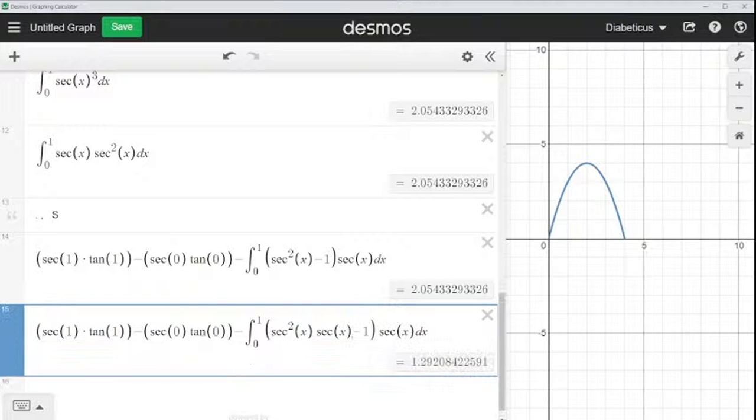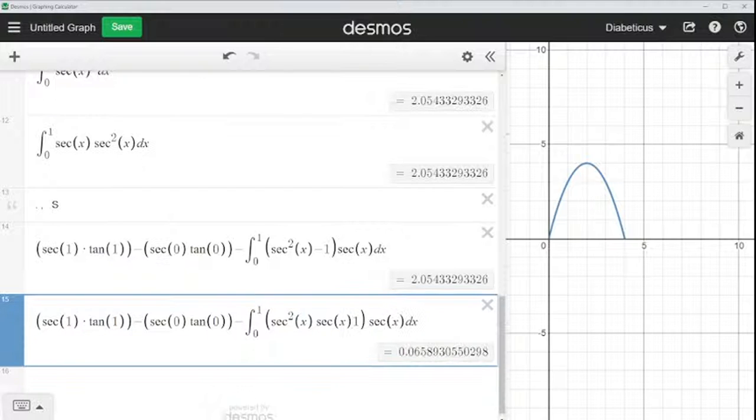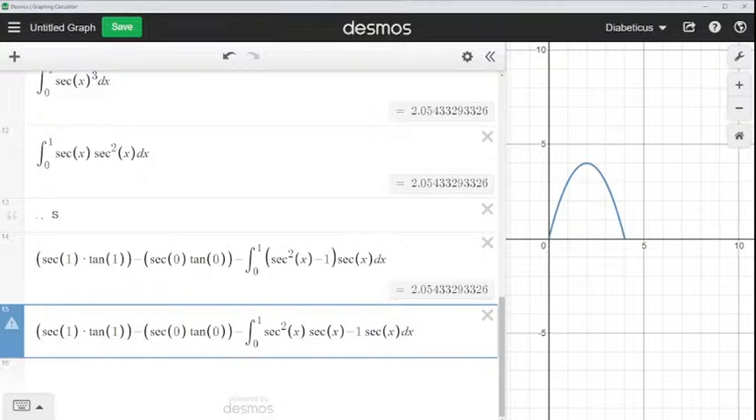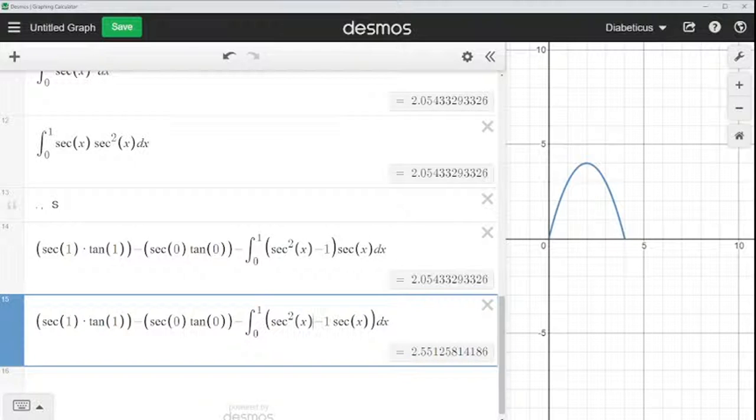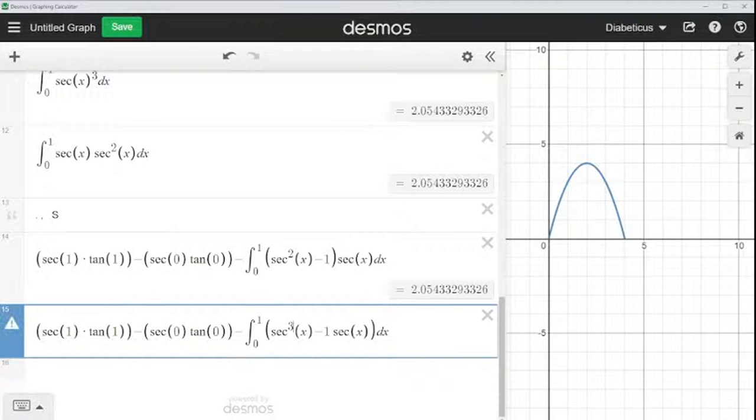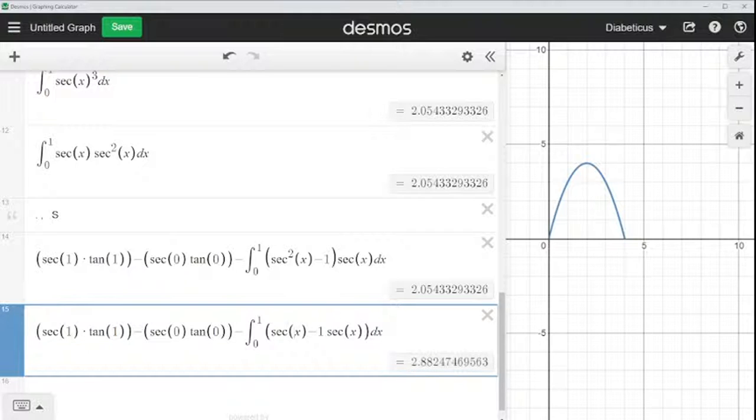Took me long enough to figure that word out. Minus this guy. And close that. Oh shoot, you can't do a cube on the side. Okay, this guy.